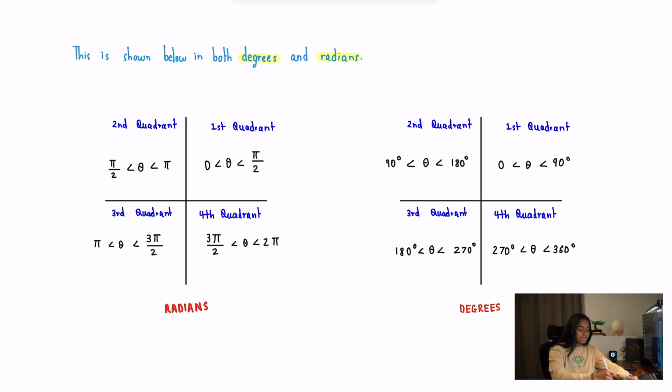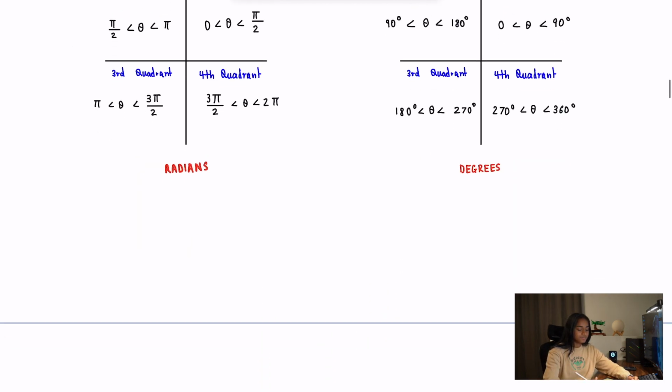The equivalent is, in the first quadrant, theta is between 0 and 90 degrees, second between 90 degrees and 180 degrees, the third quadrant 180 degrees and 270 degrees, and the final fourth quadrant 270 degrees and 360 degrees. And then of course we know that pi radians is equal to 180 degrees. So that is just the conversion. Okay?